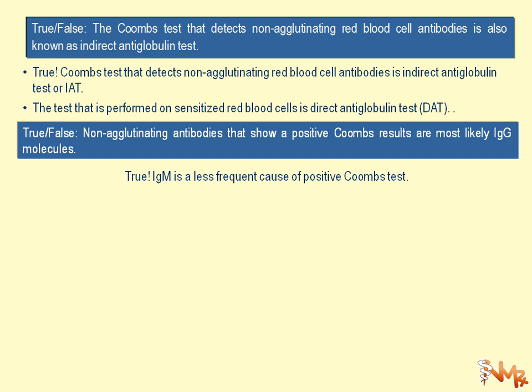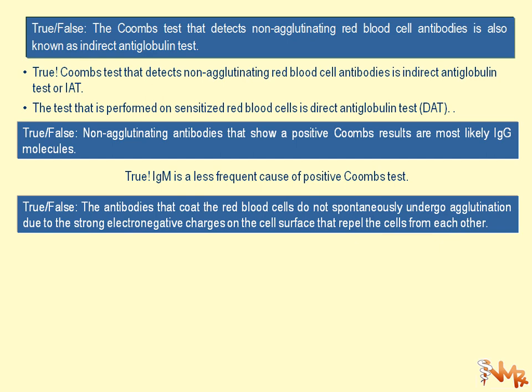True or false? Antibodies that coat red blood cells do not spontaneously undergo agglutination due to the strong electronegative charges on the cell surface that repel the cells from each other. That is true, actually, because the cell surface proteins have negative charges.